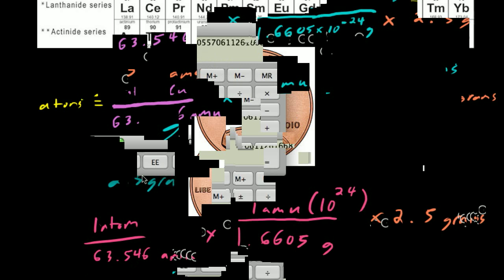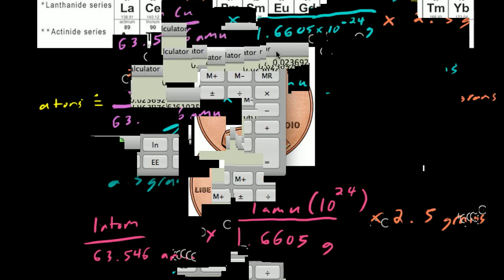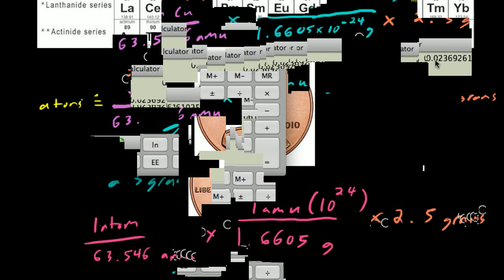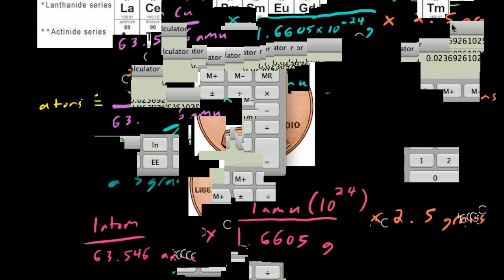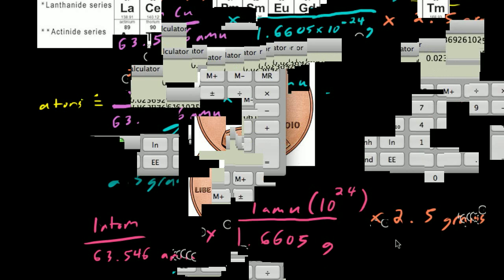And then I've got this number. I could raise this to 10 to the 24th, or else I could just start writing this out. We've got two significant figures that we're dealing with, so I could go ahead and write out that we've got 0.024 times 10 to the 24th, because that's all we're doing, multiplying it times 10 to the 24th.